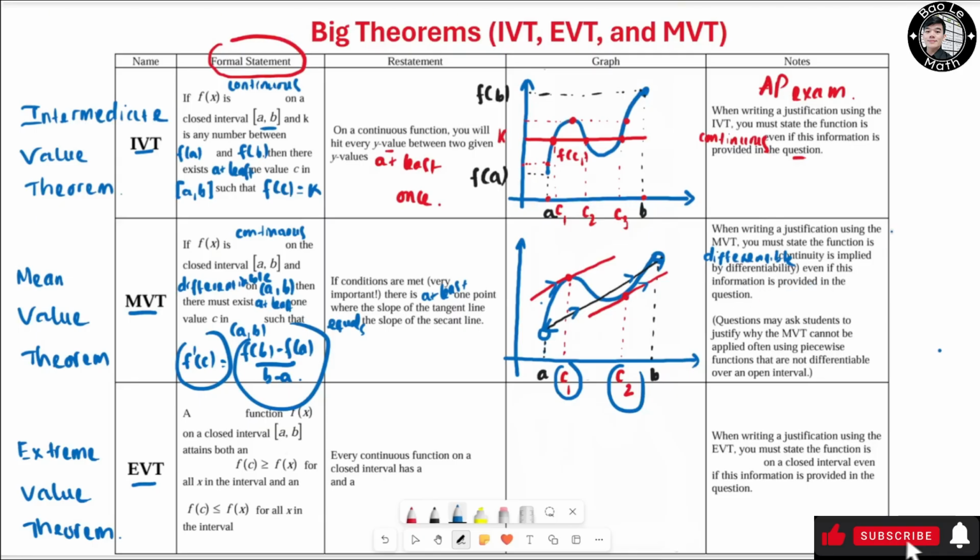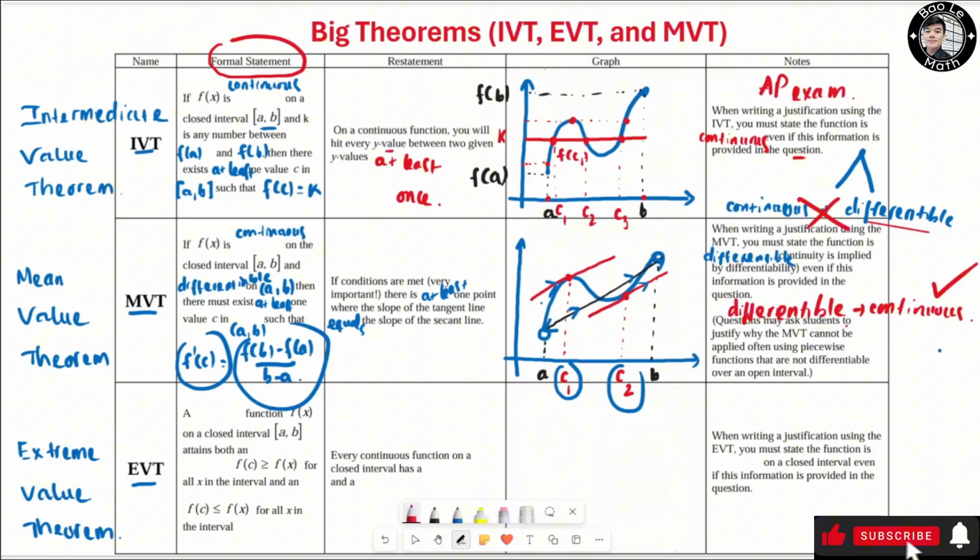So keep in mind, if the function is continuous, it doesn't mean that the function is differentiable. For example, if you have a function like this with a sharp turn right here, the function is not differentiable right here, so this statement is not true. But if the function is differentiable, then it's going to be continuous, so keep that in mind.